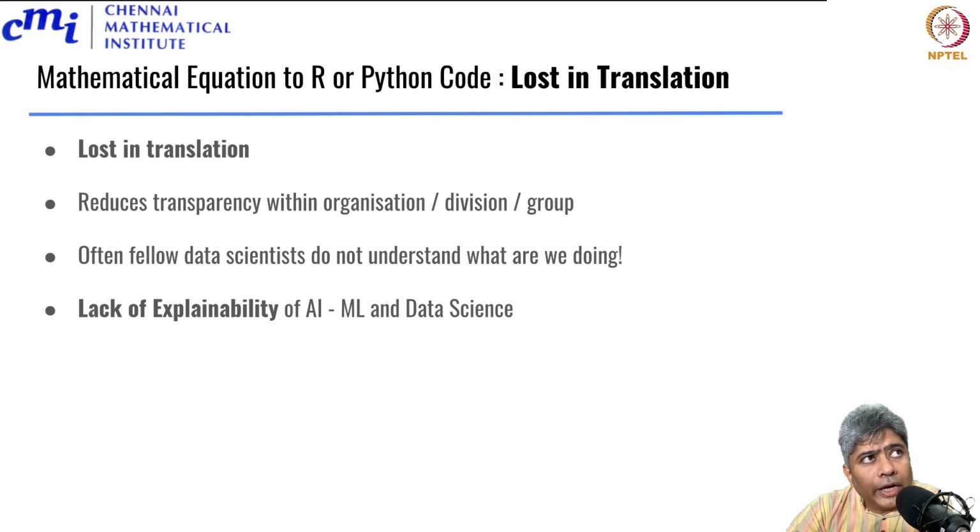So I'll try to make a limited point here. What is lack of explainability in AI/ML and data science? Nowadays, many of the deep learning neural network models are so complex and complicated that many things are not easily explainable to common people, or even to scientists who are not trained as data scientists, computer scientists or statisticians.